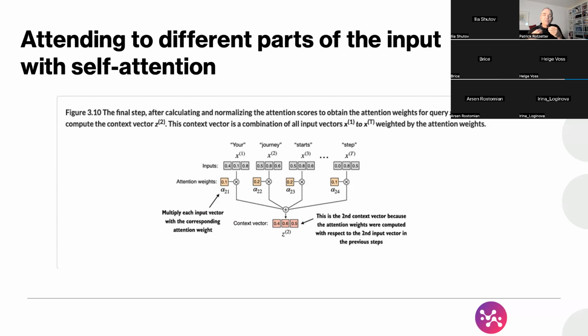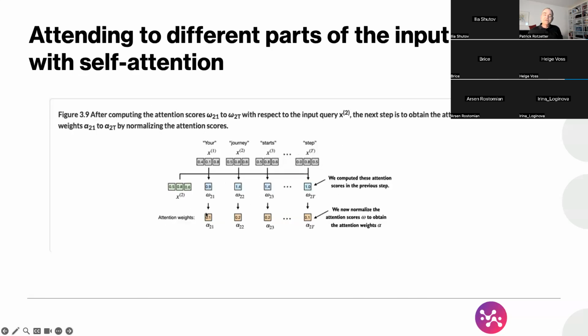In fact, we can speak about relevance. So we will multiply "your" by 0.1. We see that here: 0.1 is the result of the multiplication of the token "your" with token 2, which is "journey". That gives 0.9, and then 0.1 when it's normalized.